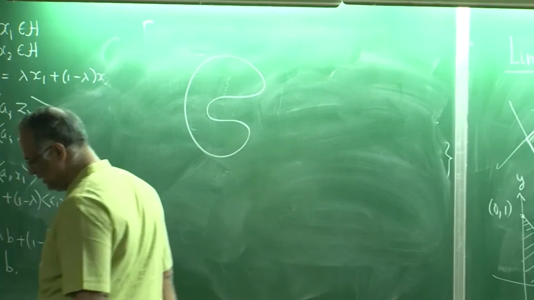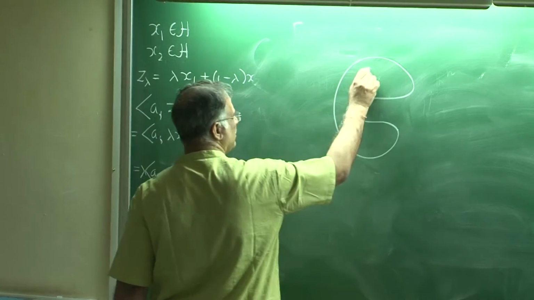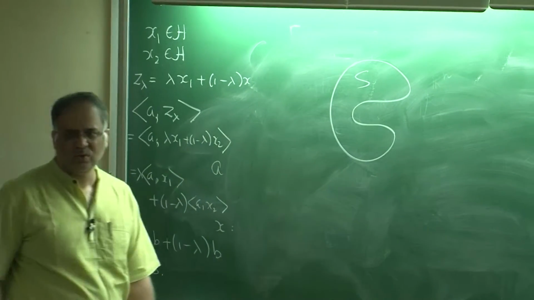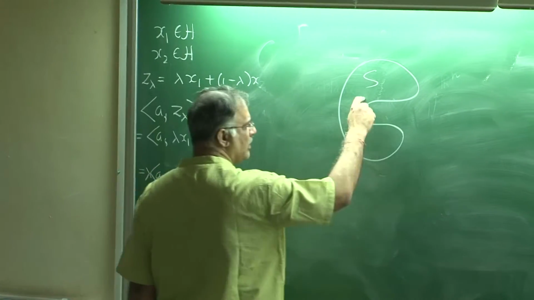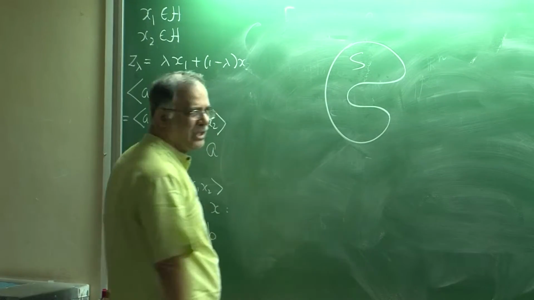For example, this is a non-convex set, say we call it S. If I take points here, then part of the line segment is outside.